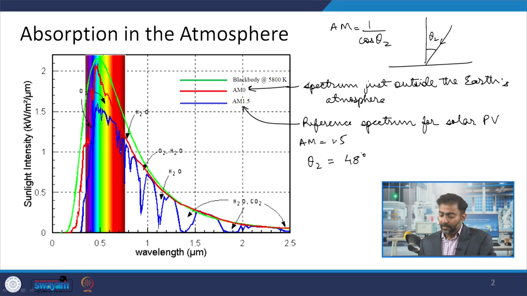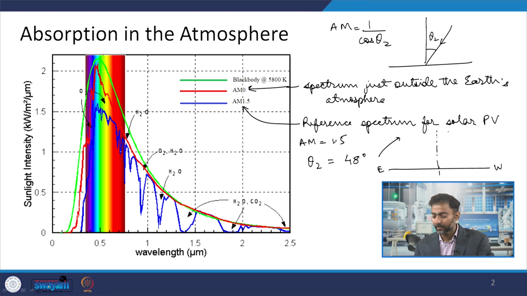The idea is that if you look at the variation of the zenith angle for a particular location, for a particular observer, let us say this is direction east and this is west. As the sun rises in the east, the zenith angle would be around 90 degrees, and then as the sun goes up in the sky, the zenith angle reduces gradually from 90 degrees and comes down to 0 degrees.